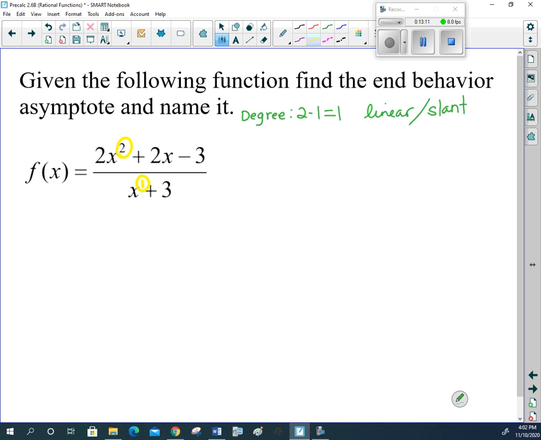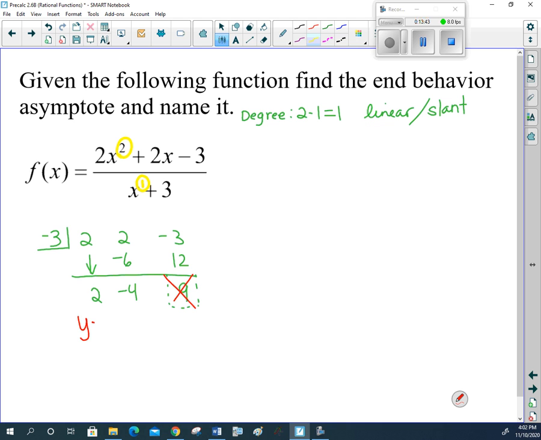Okay, so to figure it out, we actually have to do the long division, or since this is set up with an x plus 1, we can do synthetic. We can run that through a synthetic chart. So that's going to be 2, 2, negative 3. Run it through our chart, and we end up with 9 for a remainder. But once again, guys, we don't even really care about the remainder. If we're looking for the end behavior asymptote, we just want the equation of the line.